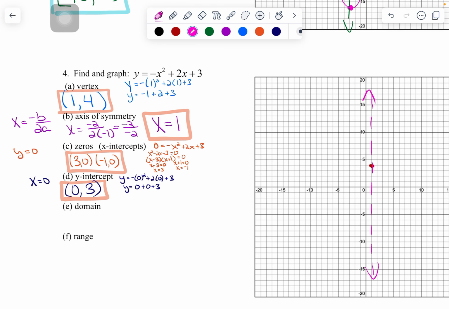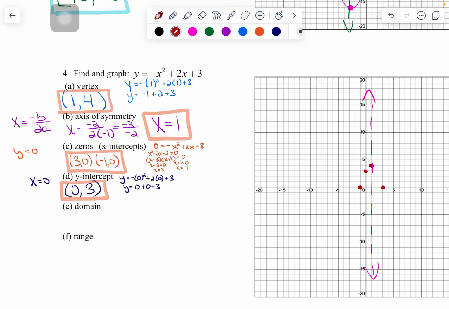Zeros: 3 on the x-axis and negative 1 on the x-axis. And 3 is my y-intercept there.